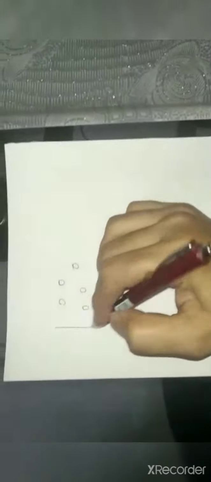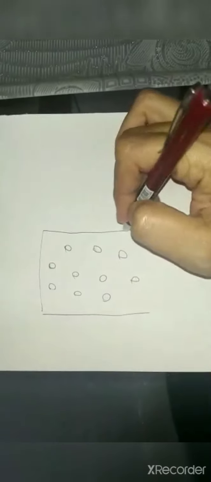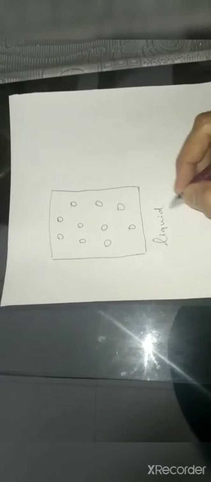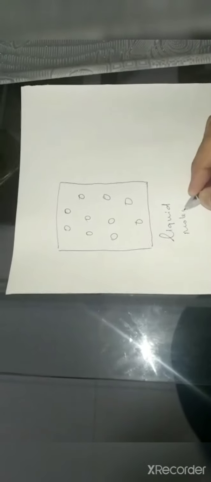The molecules are not close together, which means they have space in between them. That is liquid. Liquid molecules have space in them.